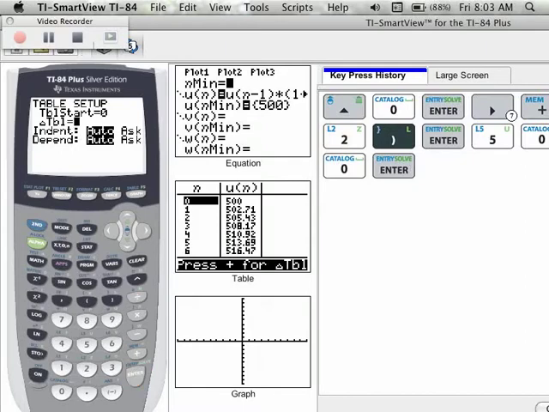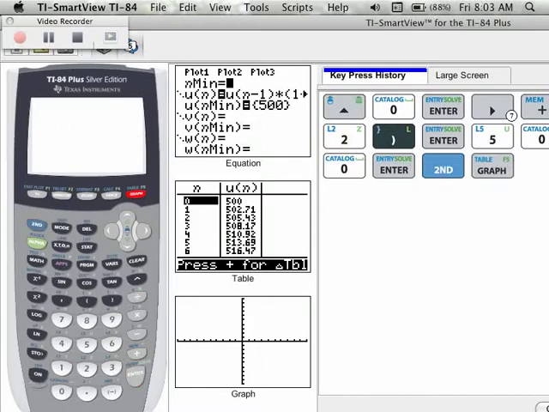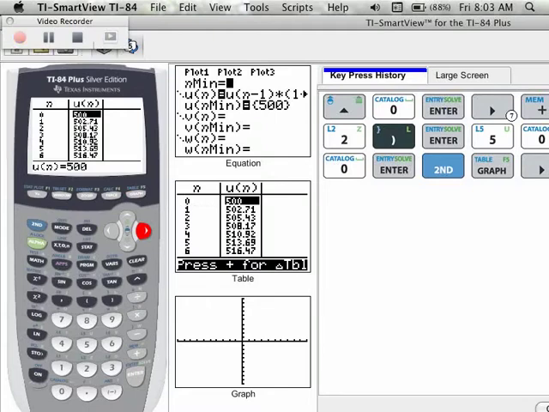Now let's go look at our table. Notice that I'm starting at $500. After 1 month, I have $502.71. After 2 months, I have $505.43, and so on and so forth. So now the question was, how much money do I have after 1 month?